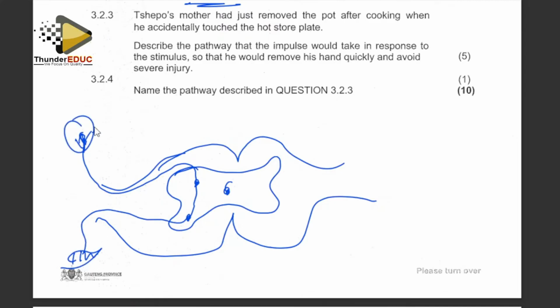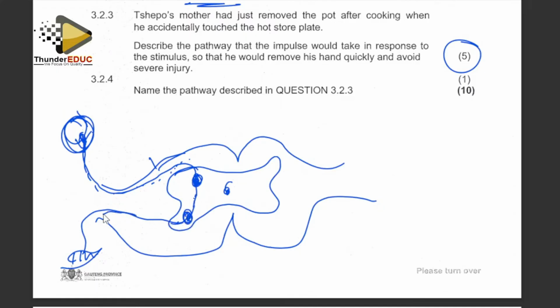The receptor, the thermoreceptor in the skin, will detect the stimulus and change the stimulus into an impulse, which will move along the sensory neuron to the spinal cord via the dorsal root. I'm talking about a lot because they only want 5 points. And then the sensory neuron will come into contact with the connector neuron through the synaptic connection. The connector neuron will transmit the impulse to the motor neuron through the synaptic connection.